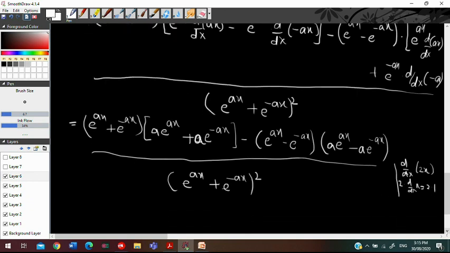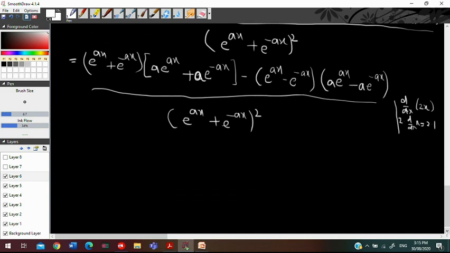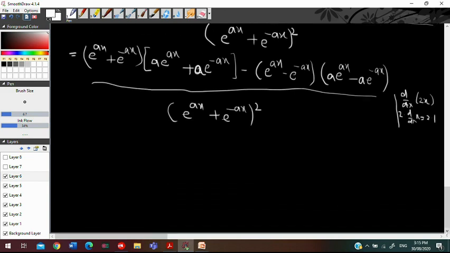Now at this stage your derivation is done. Now you just need to simplify all these terms.